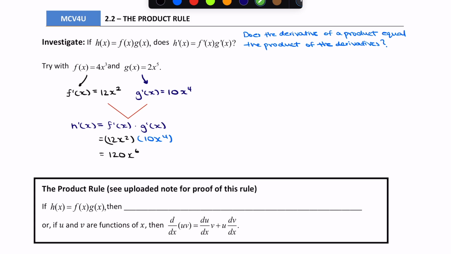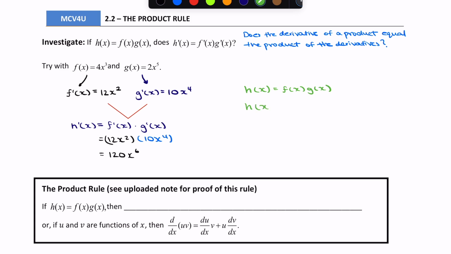And so here, let's see if h of x is equal to f of x times g of x. Let's see if that is the same as h prime of x, which we saw equals 120x to the power of 6.